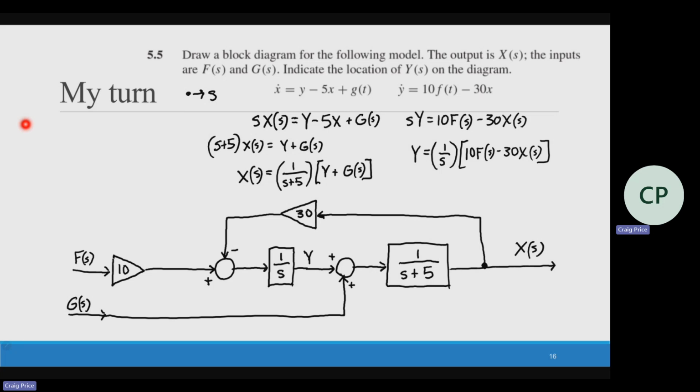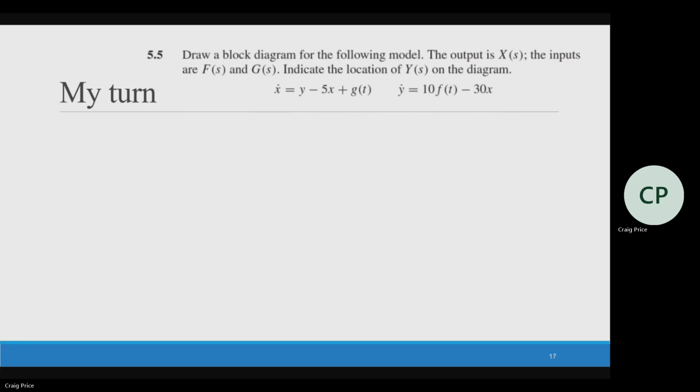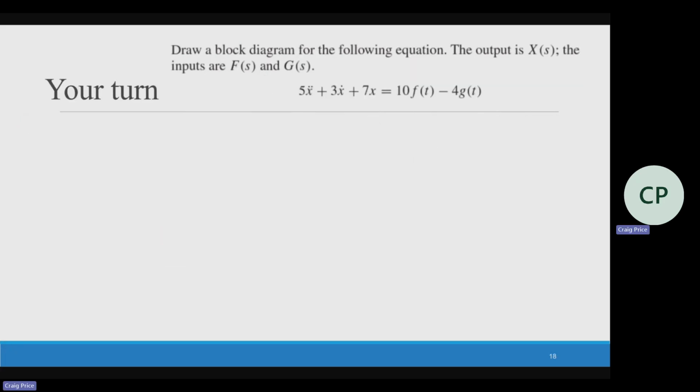Cool. All right. I'm going to give you a problem to work on right here. I want you to draw the block diagram. This is actually easier than my example. It's rare.